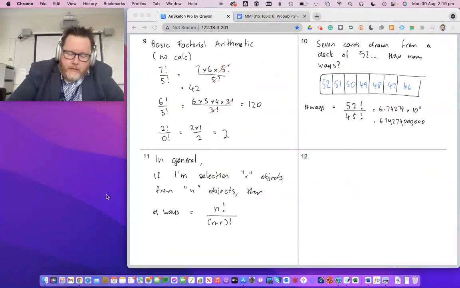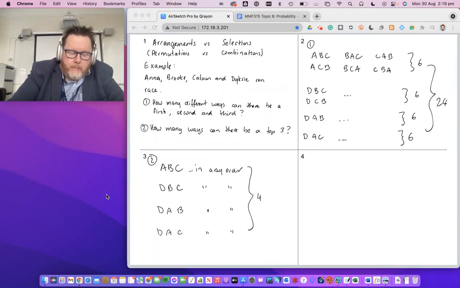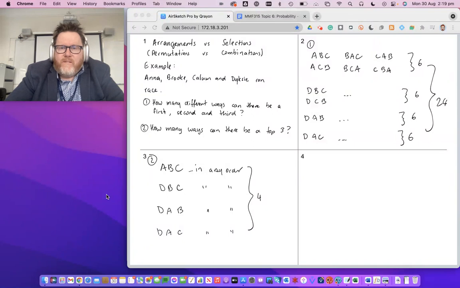Because if you think about it, if I go back to the original problem, which was Anna, Brooke, Callum and Dykesy in a race, if we talked about first, second and third, which is an arrangement problem, then we could have Anna, Brooke and Callum finishing in the top three, but then we had to look at all the different possible combinations of those top three.